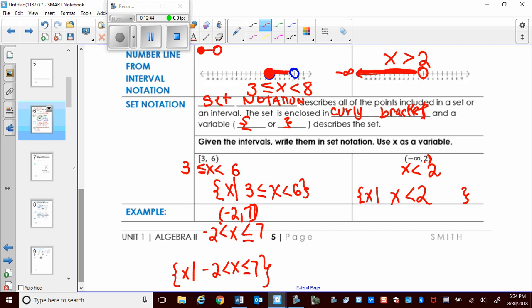One more example. Let's say we have hard bracket 7 to infinity. Remember what I said about these being special. Put the x on the side of the infinity, bring your number down, and this is a hard square bracket, so it's equal to. 7 is less than or equal to x. So set notation says x bar 7 is less than or equal to x. Close the curly bracket.